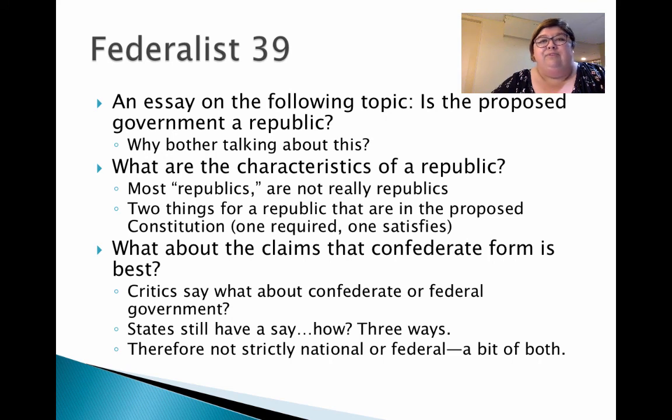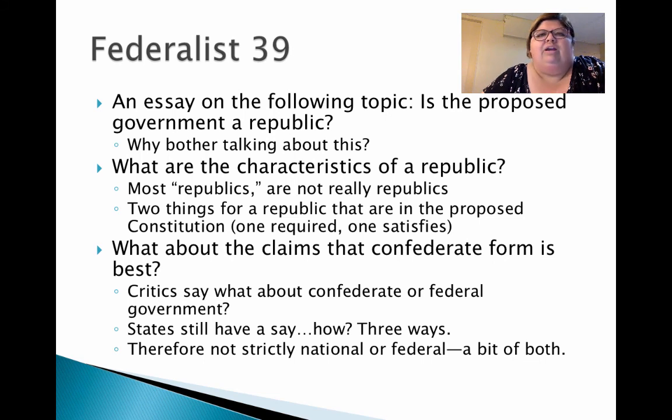So they're trying to defend that decision here. And so they talk about the characteristics of a republic and how maybe we don't meet all of them, but we have some of them.